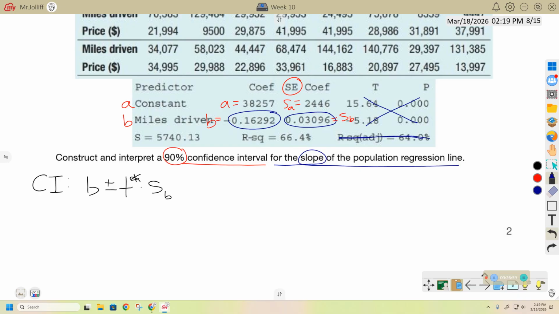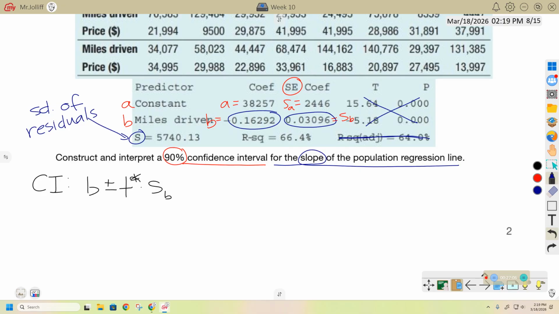There are two more numbers up there we haven't defined. S. Anybody remember what that S is? It's a standard deviation of residuals, yeah.